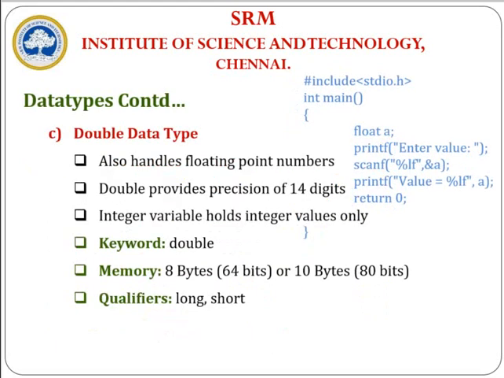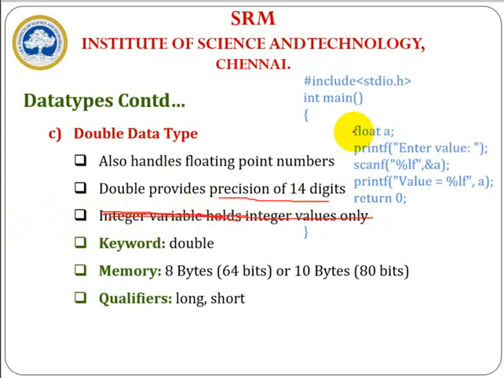The double data type can handle a precision of 14 digits. It is also a basic type of float, but it can handle more than 6 digits of precision. It will go up to only 14 digits, and it can handle integer values as well. As you can hold a float, you can also hold a double.